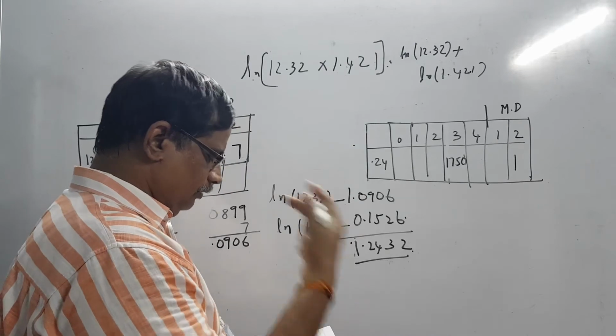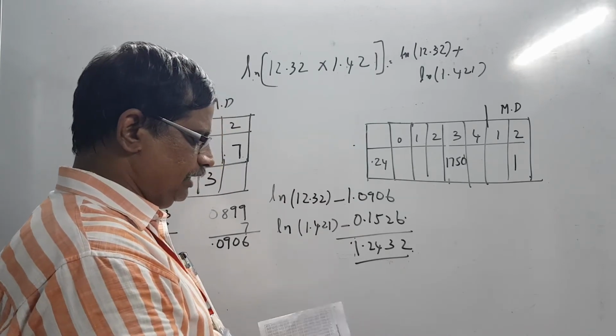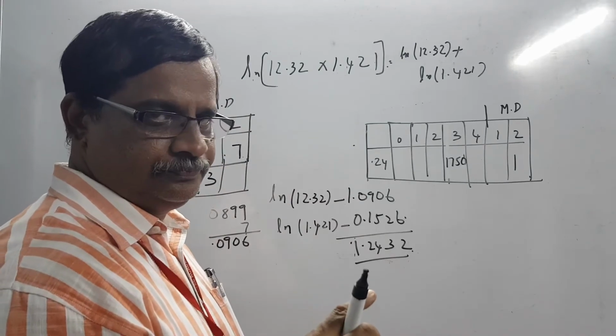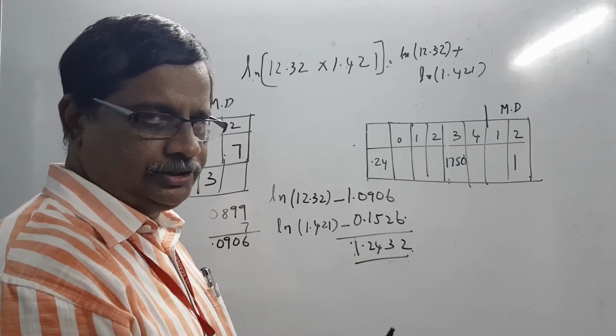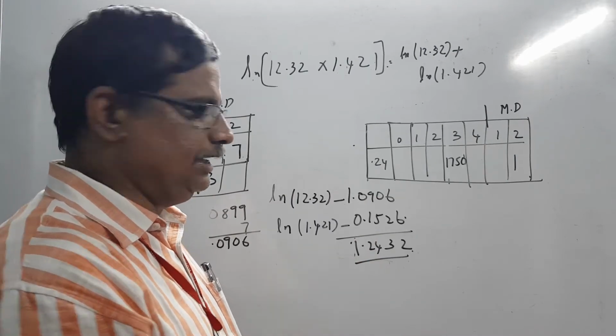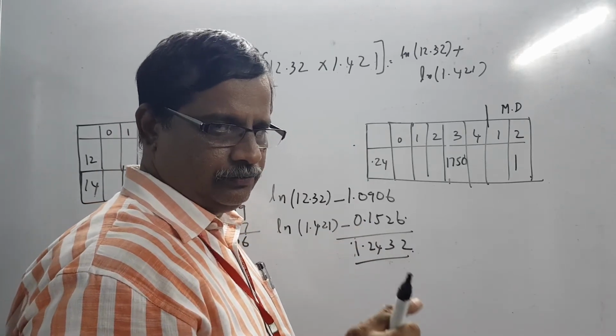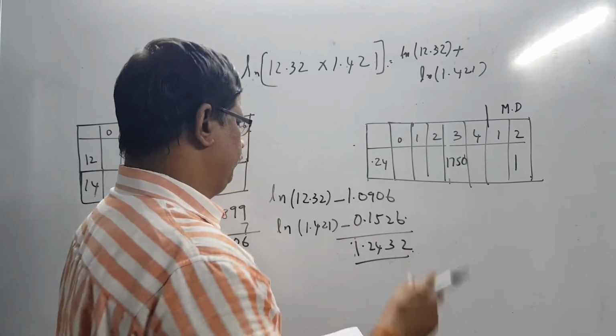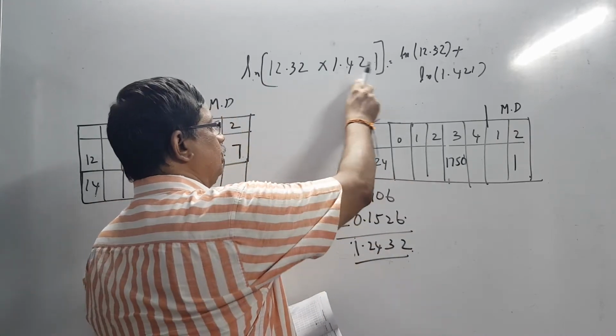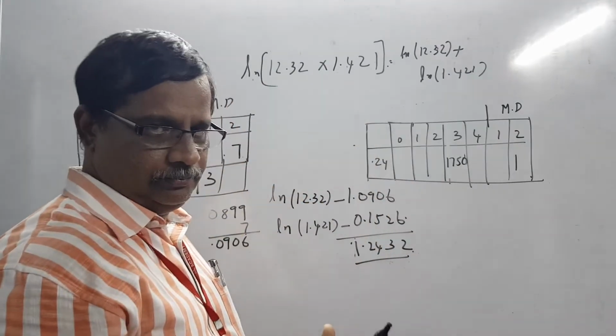Now from this, to get the final result, to get the product, we will pass on to the next page, which gives the anti-logarithm of numbers. So now we will do a reverse operation. We are going to find the anti-logarithm of this number, 1.2432. We are going to get the product of these two numbers by using the anti-logarithm.